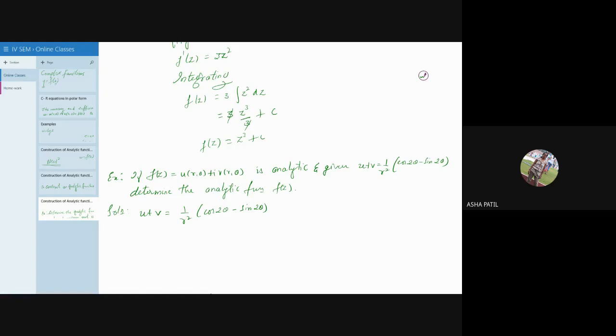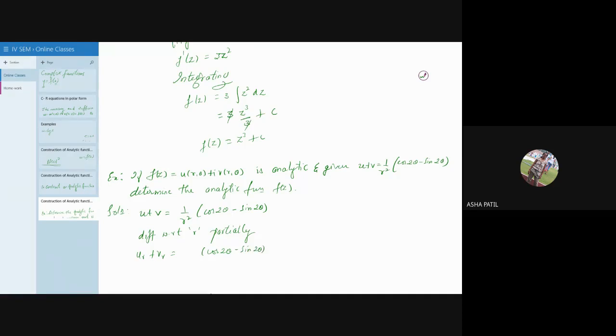Now we'll differentiate with respect to r and then with respect to theta partially. Differentiate with respect to r partially: ur plus vr is equal to, we will be keeping cos 2 theta minus sin 2 theta as constant.